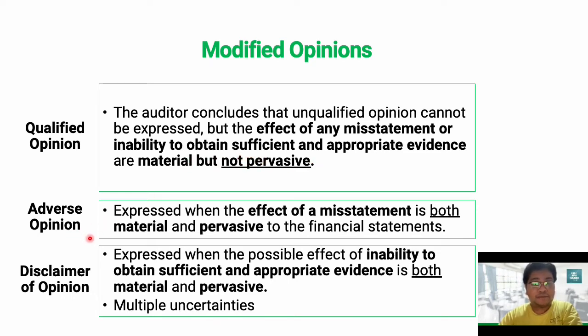We issue an adverse opinion if there's a misstatement and the effect is both material and pervasive. And we issue a disclaimer of opinion when our inability to obtain evidence is both material and pervasive. We also issue a disclaimer when there are multiple uncertainties, and therefore we cannot express an opinion on the fairness of the financial statements.